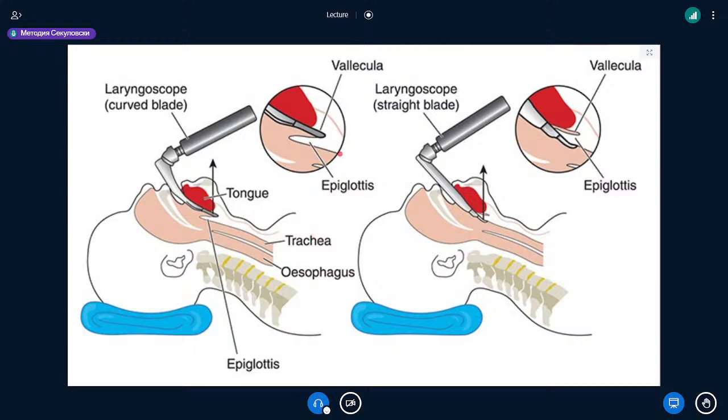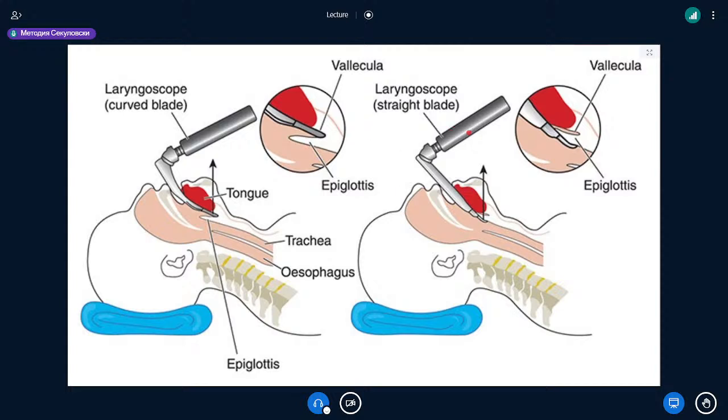This is the difference I told you about between the curved blade, the Macintosh, and the straight blade, the Miller. With the curved blade, the end of the blade comes before the epiglottis. You can see here the vallecula of the epiglottis. The white structure in the picture is the epiglottis, and this is very important.